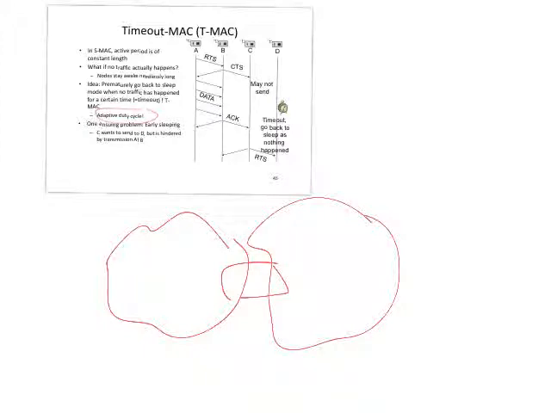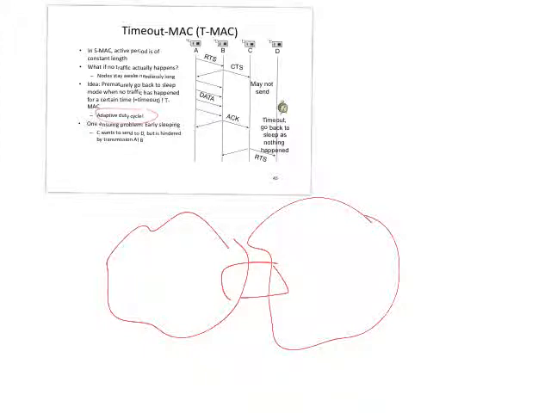When you wake up, you have to ask yourself, do I need to receive something or send something? If you have data to send, you perform carrier sensing, and then if you want to send, you send RTS, receive CTS. If you receive RTS from someone, this means that someone is interested to send you something, then you send CTS and perform the transfer. But everything happens during this active period.